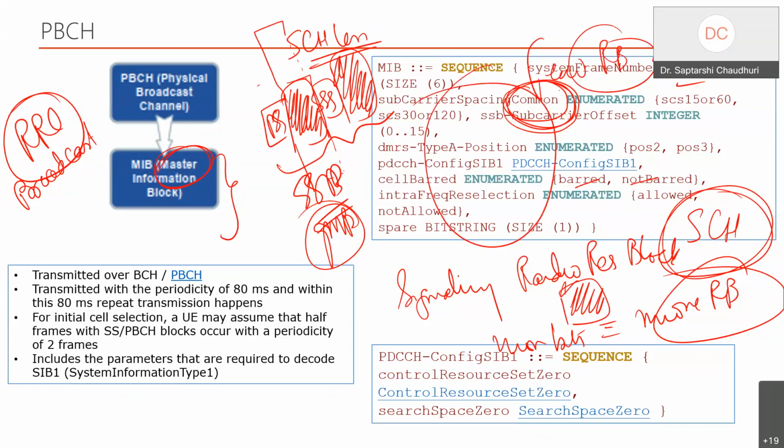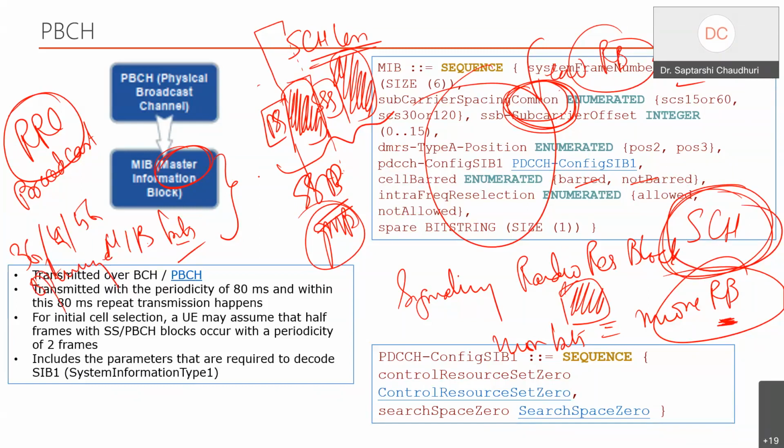So what we did is that the MIB structure from 3G to 4G to 5G has been optimized with respect to the bits, and the optimized bits help the scheduler give the relevant RBs, so that he can place the other RBs as well. So this is what we call the master block actually.